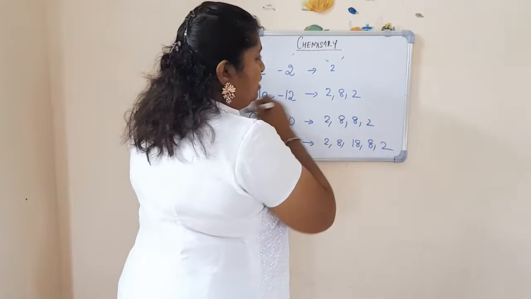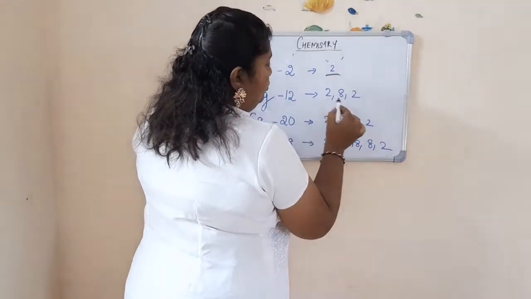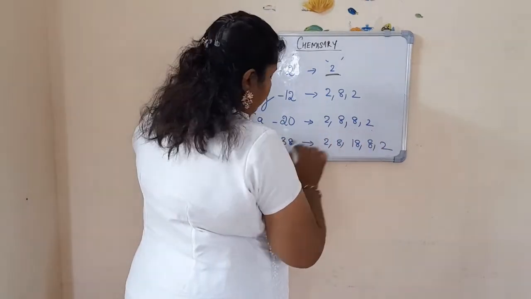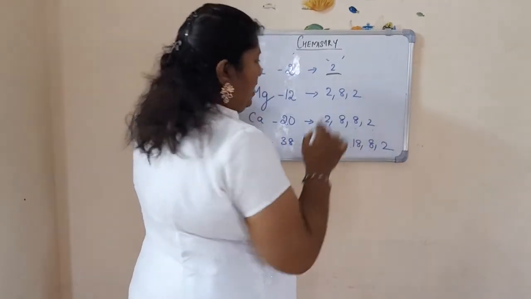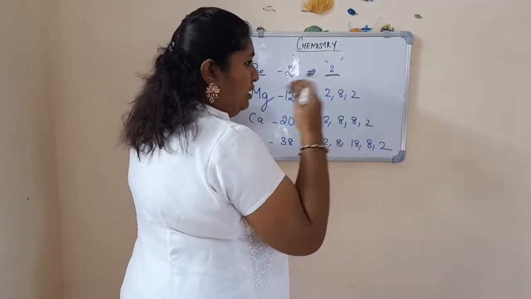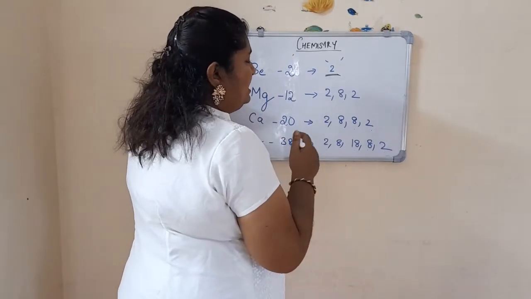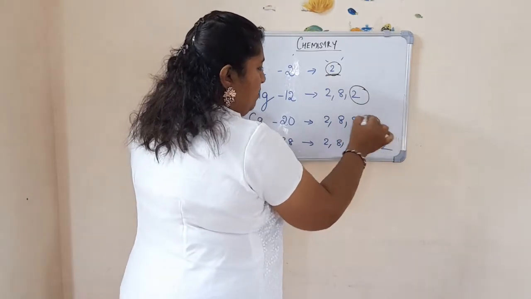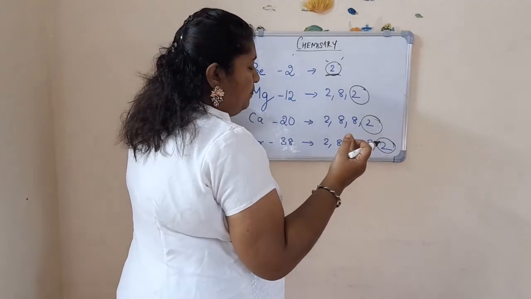Now I have written the electronic configuration here: 2, 2 for beryllium, 2, 8, 2 for magnesium, 2, 8, 8, 2 for calcium, and for strontium 38, 2, 8, 18, 8 and 2. Here also, like in the last set of elements, the number of electrons in the outermost shell remains the same even though the atomic number keeps on increasing.